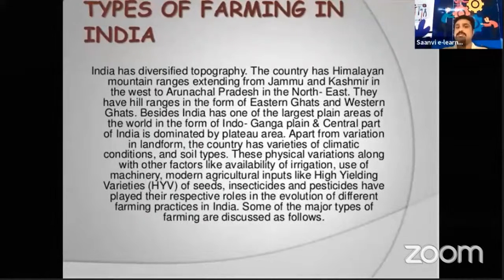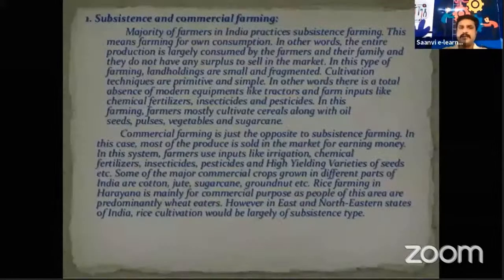And coming to the usage of fertilizers, pesticides or insecticides, and the same way different types of climate, factors affecting the climate, and machinery, modern agriculture inputs like high yielding varieties of seeds. This is all. Okay, some of the major types of farming, let us see.